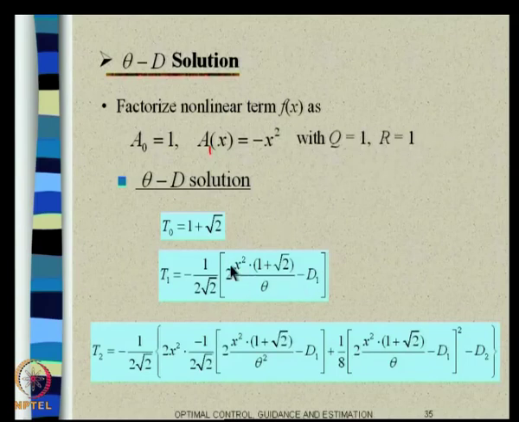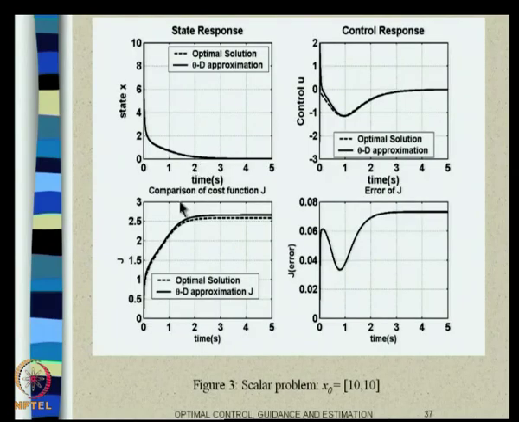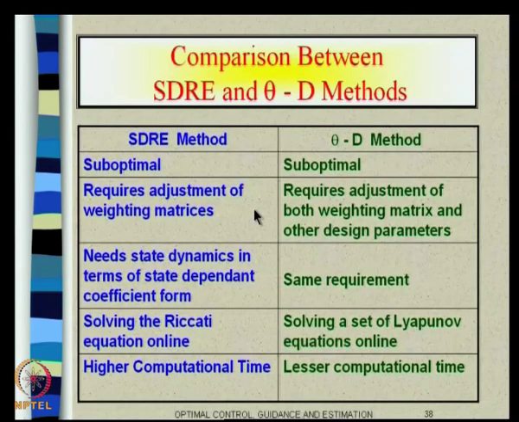So, the theta-D solution turns out to be something like this, T naught like this, T1 like that, T2 like that, and D1, D2 we can compute like this. Finally you can see that the results are very close to each other, which means the optimal control solution in closed form and the theta-D solution is not very bad in that sense.